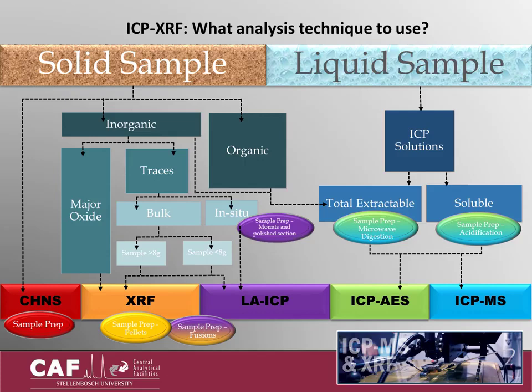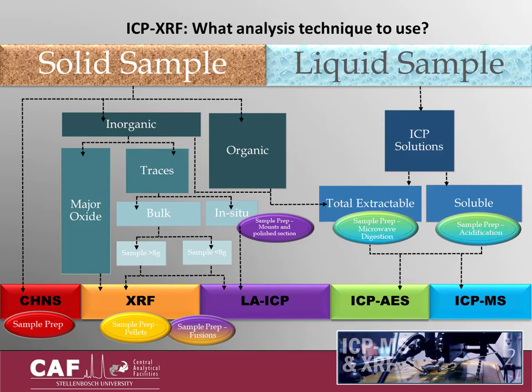For other major, minor and trace elements, there are different options whether you have inorganic or organic samples. For major oxide analysis on inorganic samples, your typical analytical technique will be XRF. If you want to measure traces on inorganic samples, it will also depend on whether you need to do bulk or in situ traces.